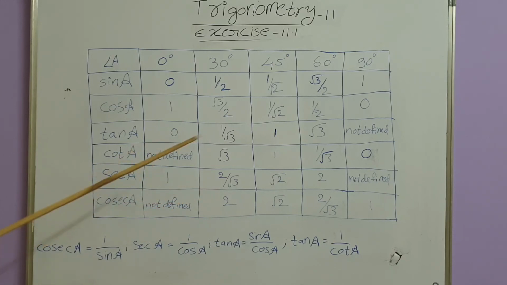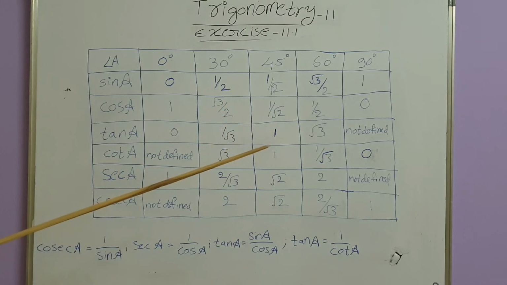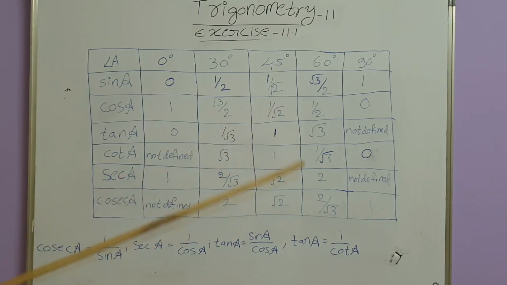And sec 45 degrees, 1 by 1 by root 2. This root 2 goes to numerator. We get root 2. Sec 60 degrees is equal to 1 by 1 by 2. This denominator goes to numerator. We get 2. And sec 90 degrees, 1 by 0.